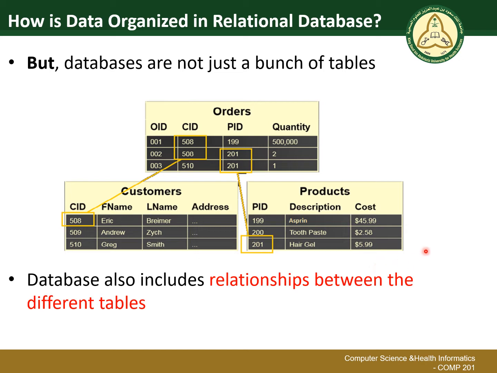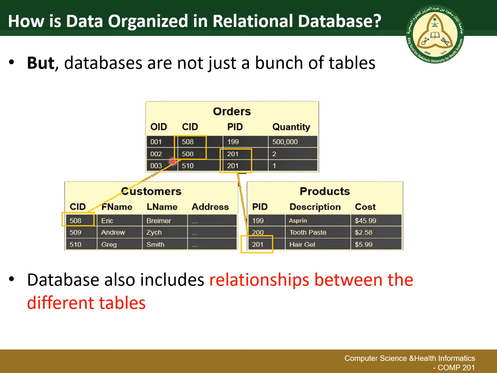And we have another table for the products, and the products table has three fields: the product ID, the description, and the cost of the product. Then we have the orders. So in the orders table, we have four fields. We have the order ID, and we have the customer ID.